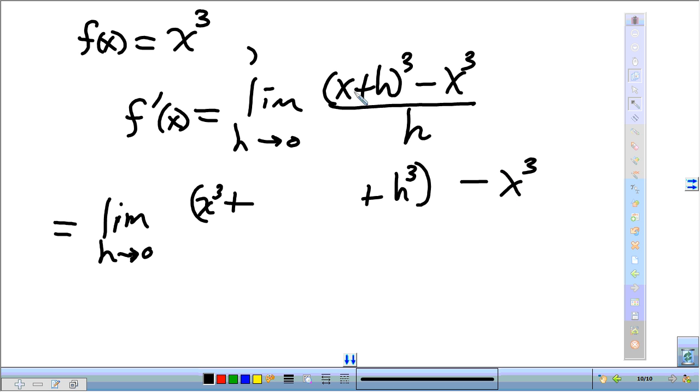And so in between are other things. I'm going to shorten this discussion a little, and allow the reader or the student, if you wish, to verify that you would end up with two more terms, which would be 3x squared h and 3x h squared.